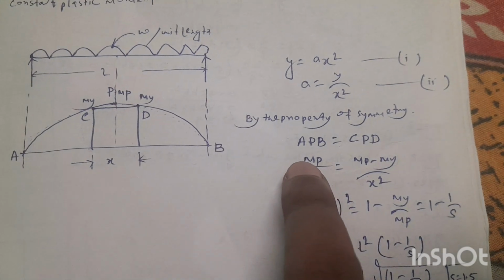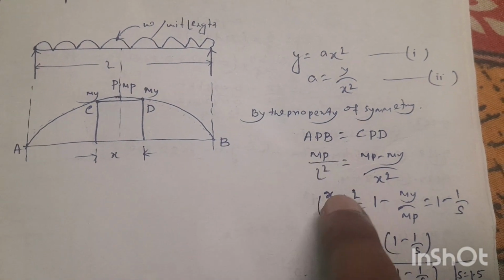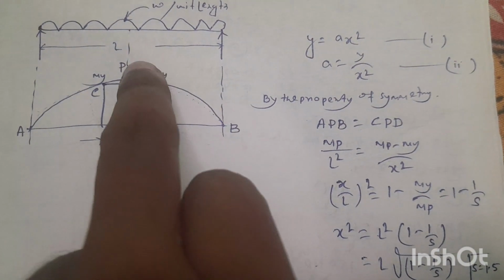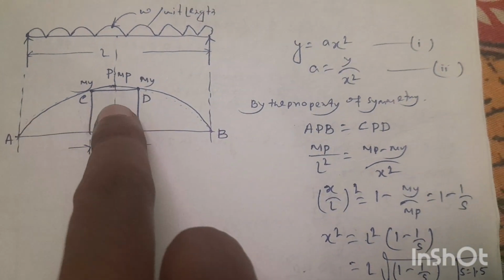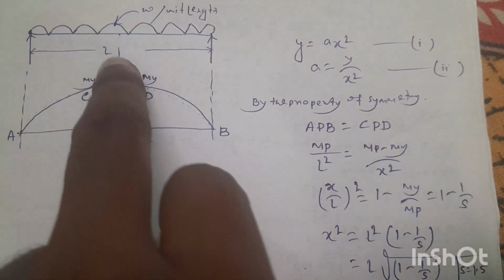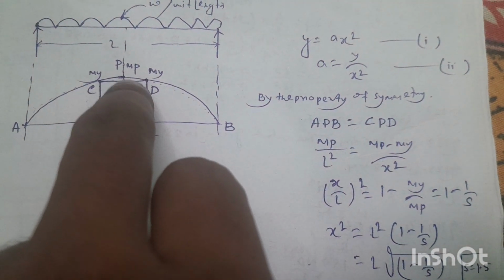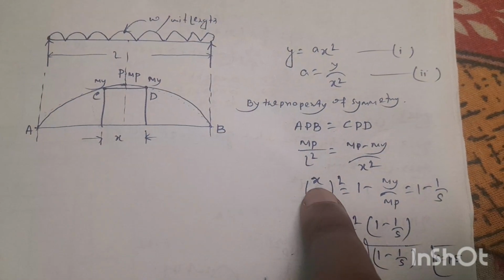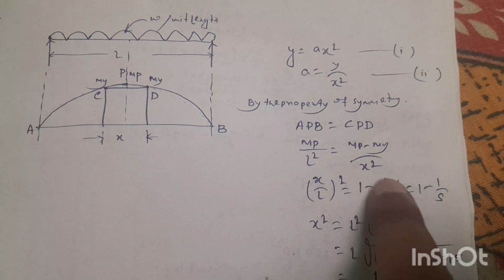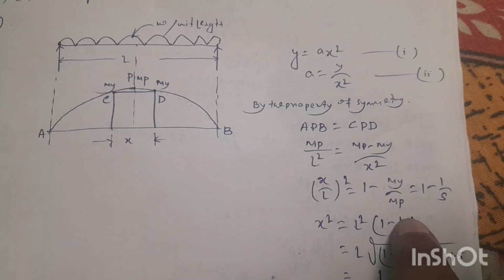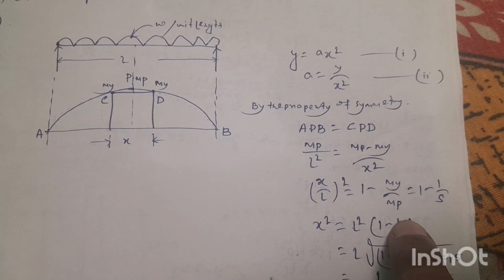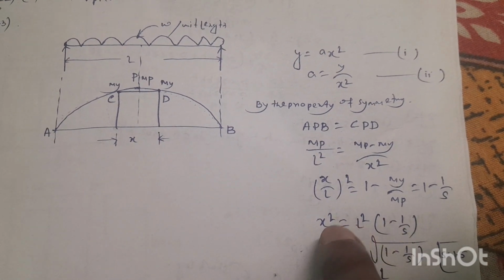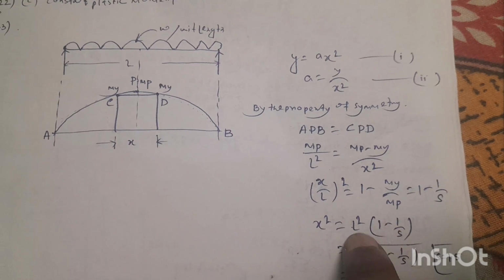So we can write the plastic moment MP by total length L square equal to, for the parabola CPD, the height will be MP minus My divided by this length x square. So x by L square equal to 1 minus My by MP. My by MP means 1 by shape factor. So 1 minus 1 by S. And if we calculate again, we will get x square equal to L square into 1 minus 1 by S.